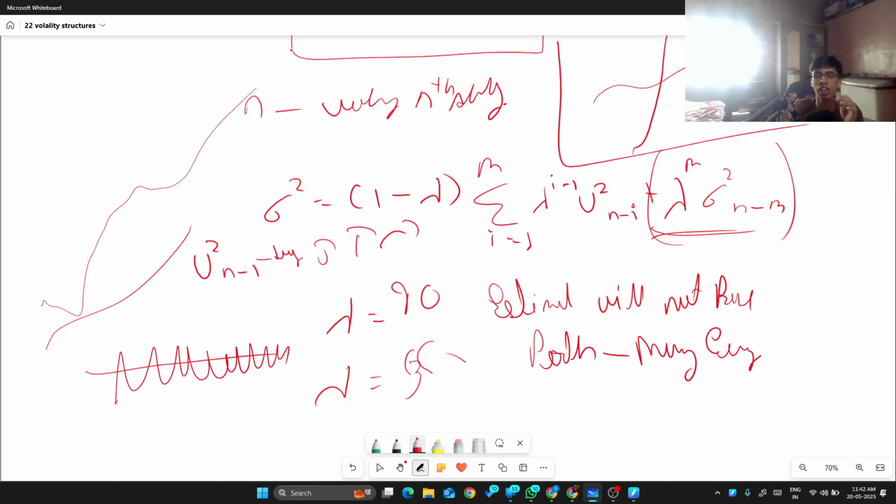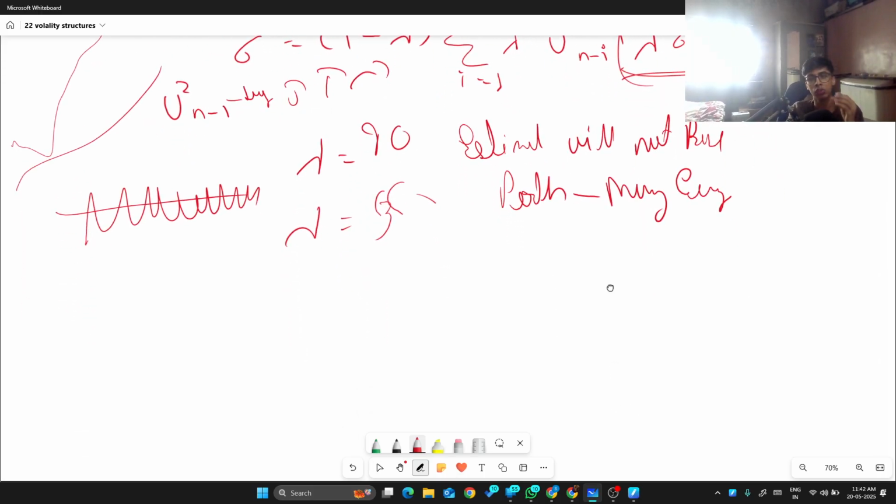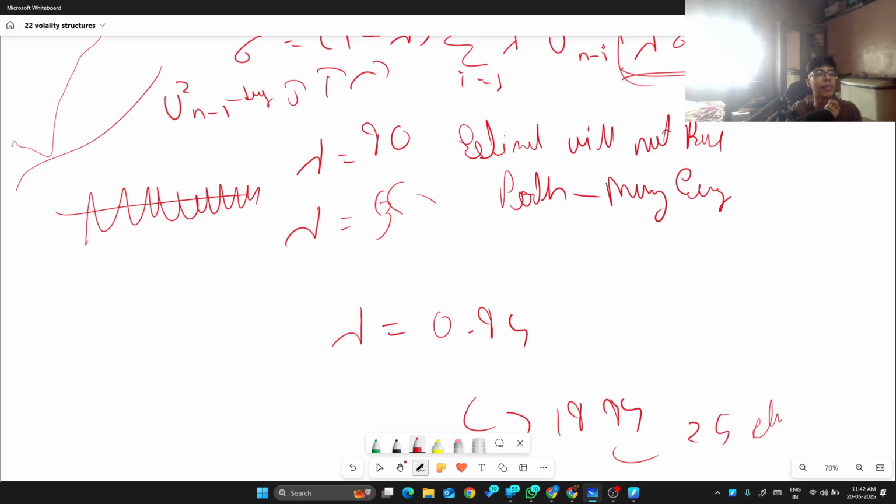So we have to decide a correct amount of lambda, so that the process is not so mean reverting, and on the other hand it is a little bit mean reverting, and that lambda value is 0.94. That is given by JP Morgan in 1994.